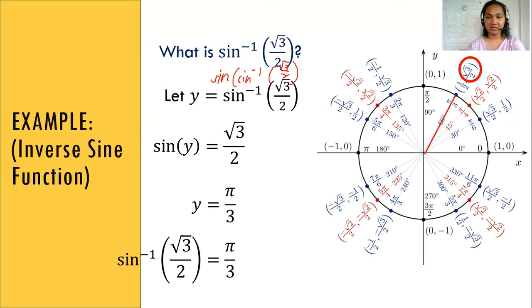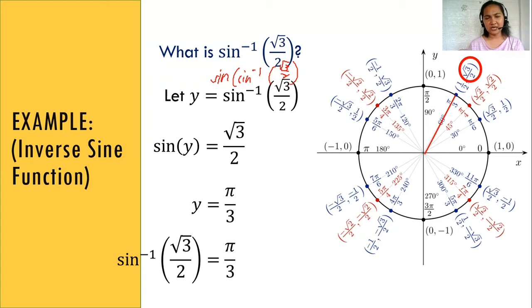So let's explain this one. Why do we have this kind of situation that, instead of saying aside from pi over 3, we can also consider 2 pi over 3? Why did we not consider 2 pi over 3 as one of the possible answers for inverse sine of square root of 3 over 2?